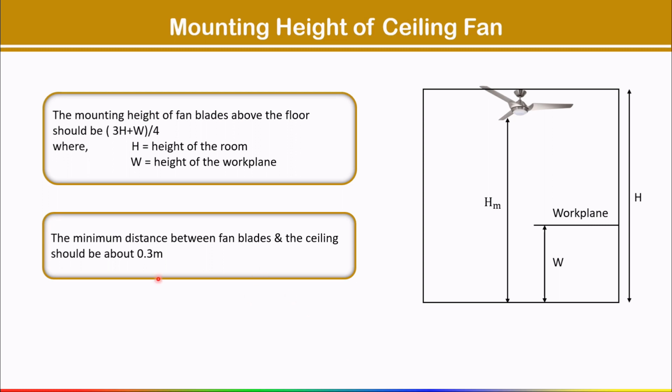Now the next point: the minimum distance between fan blade and the ceiling should be above 0.3 meter. You can see here the fan blade and the ceiling. We have to maintain 0.3 meter. Remember this point, it is a very important point.